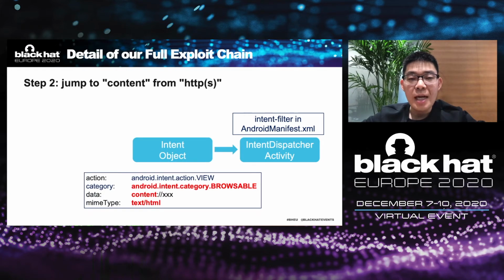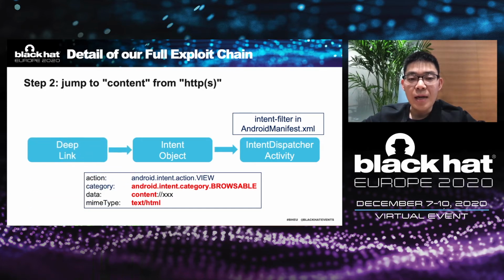The intent object should look like this, which action is android.intent.action.VIEW, category is android.intent.category.BROWSABLE, data is content://blah blah, mime type is text/HTML.